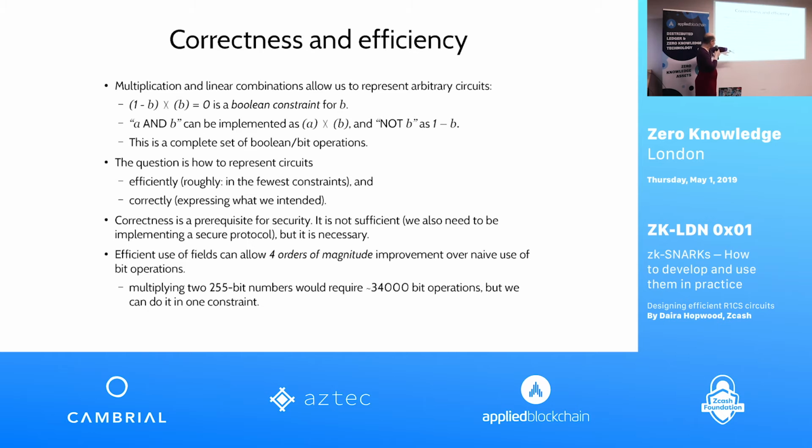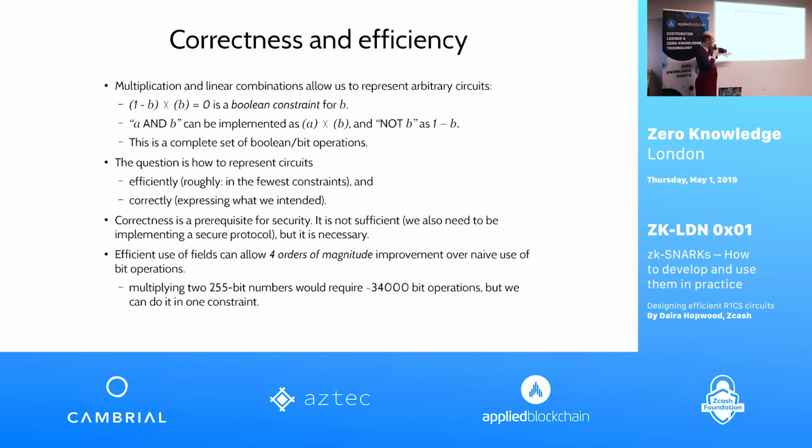So, just to give you an idea of how much potential efficiency improvement is available relative to doing it just using Booleans: if we were to express the multiplication as we would a hardware circuit, it would take roughly 34,000 bit operations. That's a number that I got from one of Dan Boneh's papers, so it's the right order of magnitude.